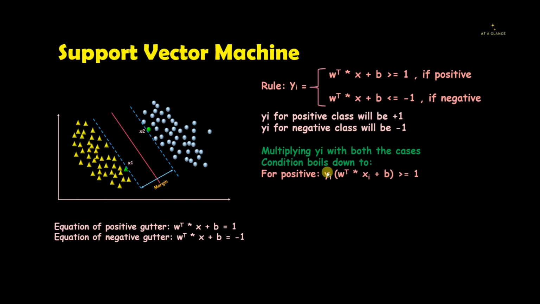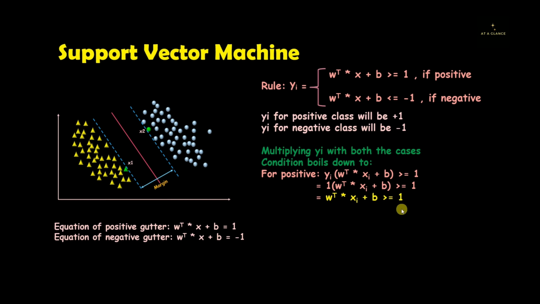So now for the positive case, we already had the expression W transpose multiplied by x plus b. If you multiply y of i to it, what will we get? In the positive case, we already know that the prediction will be plus 1. So plus 1 will be multiplied with this particular expression, which will be greater than or equal to 1. Now once you multiply anything with 1, the answer will be the same expression only.